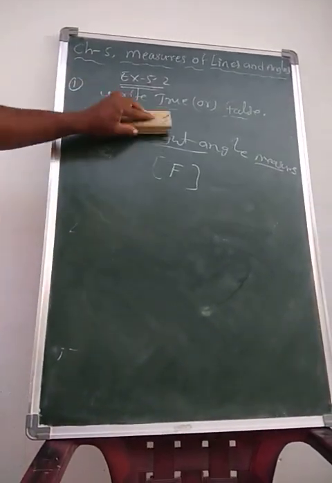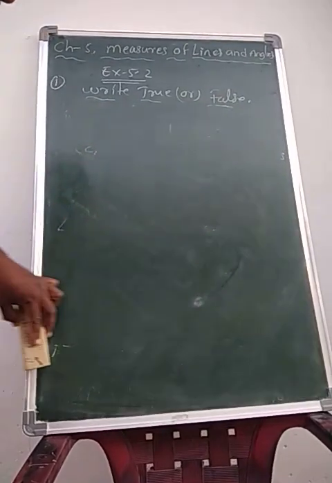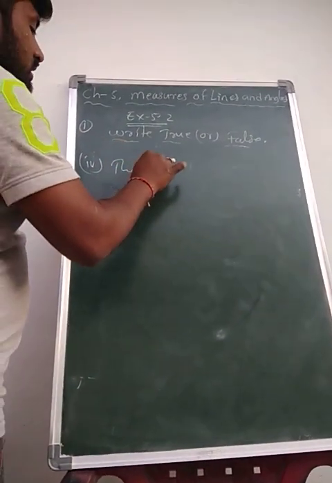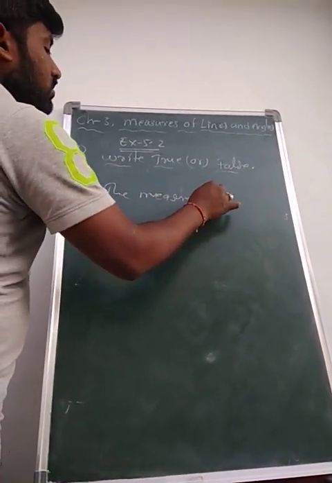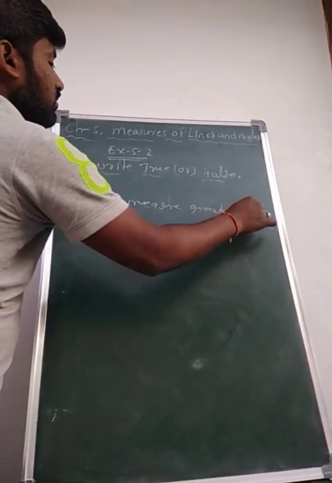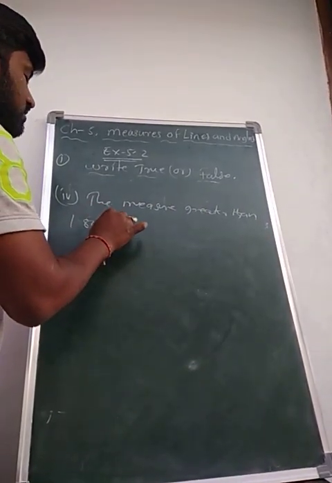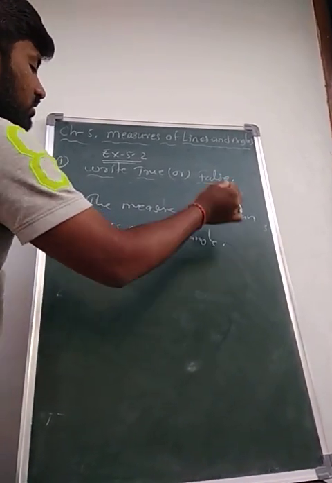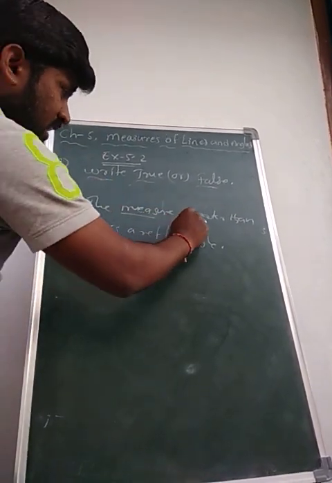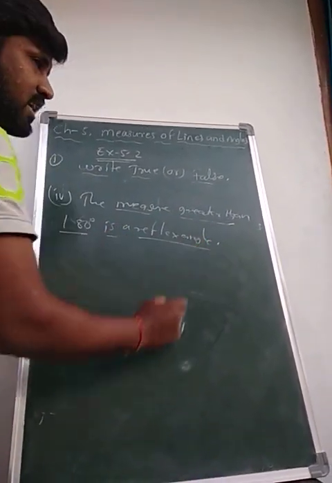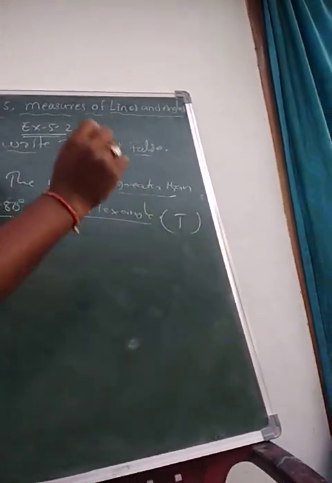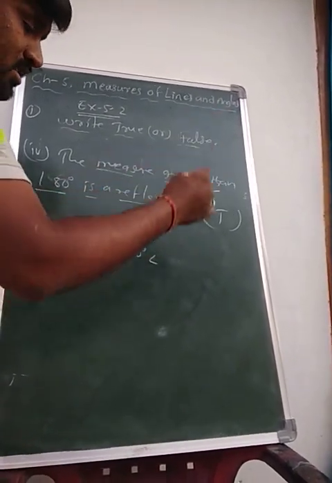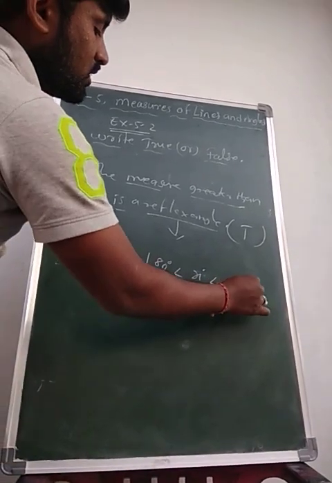Next, the fourth one: the measure greater than 180 degrees is a reflex angle. Yes, it's true, because a reflex angle means it measures above 180 degrees and below 360 degrees.